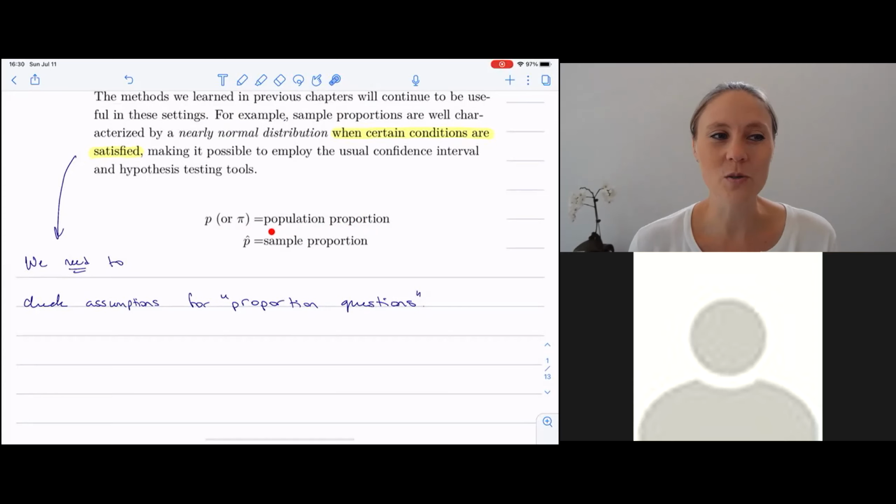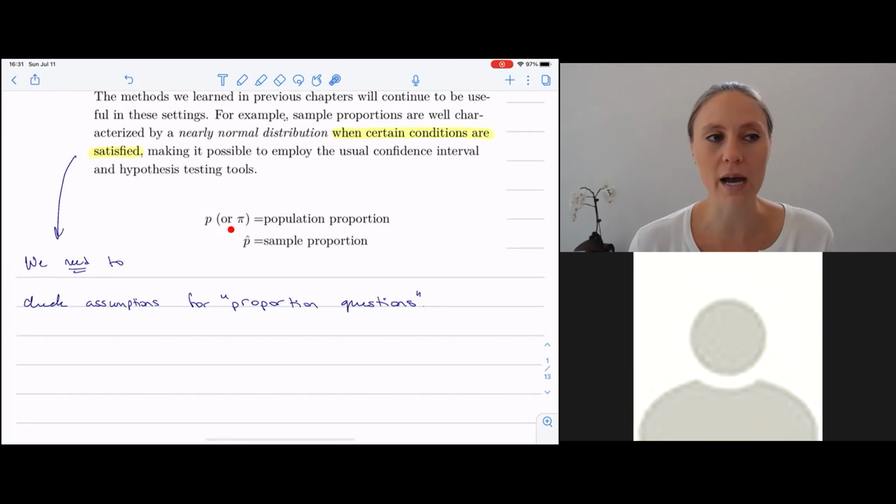Okay, so some notation that we're going to use. Before, I was using Greek letters for anything that has to do with the population, so any parameter. Whereas for proportions, I tend to just use a lowercase p, and that indicates a population proportion.